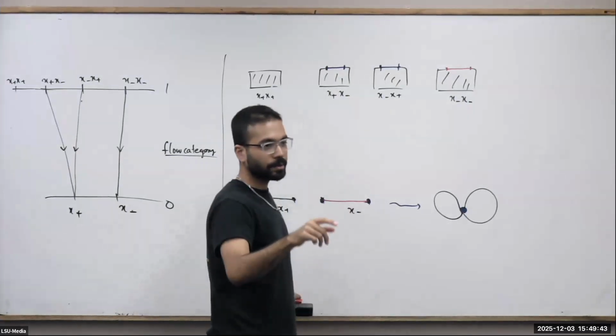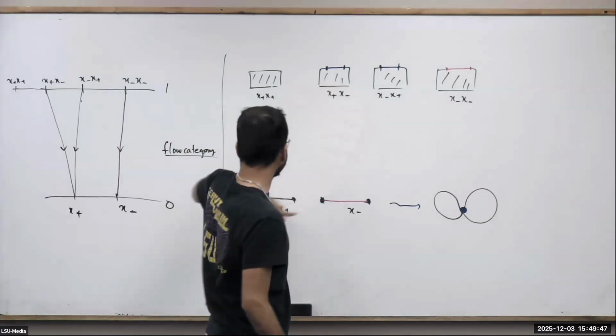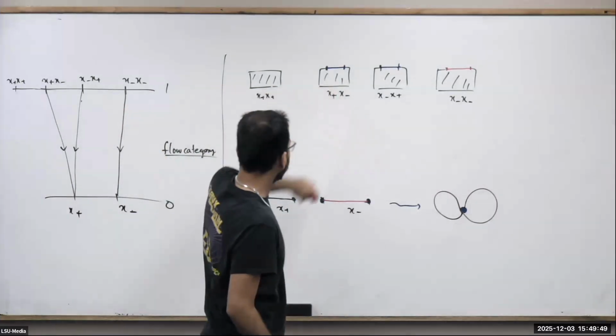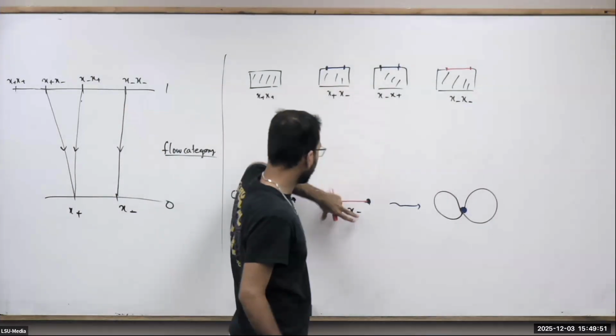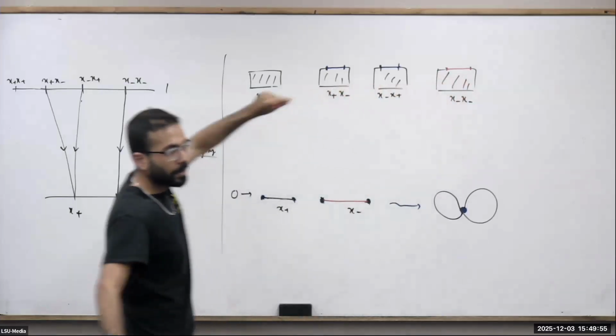Any questions so far? You have a question? All good? So wherever the generator goes, X plus is going to X plus, X minus, so I'm looking at this copy in here, and this generator goes to X minus, X minus, so I'm looking at this copy over there.